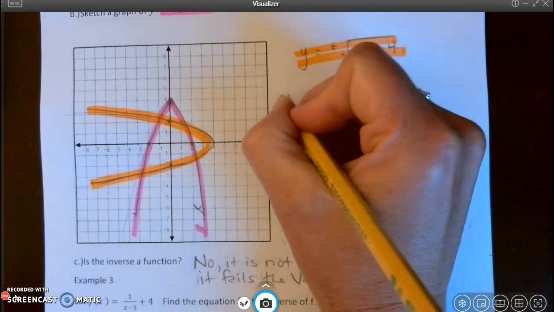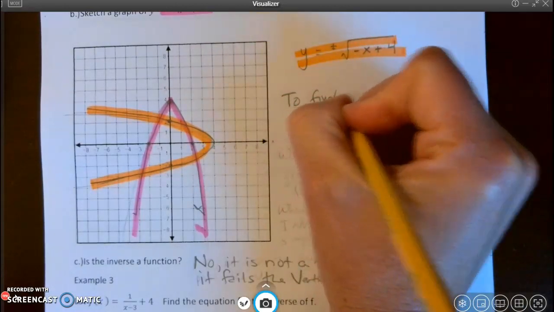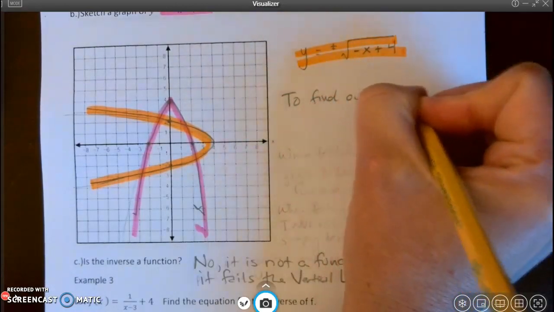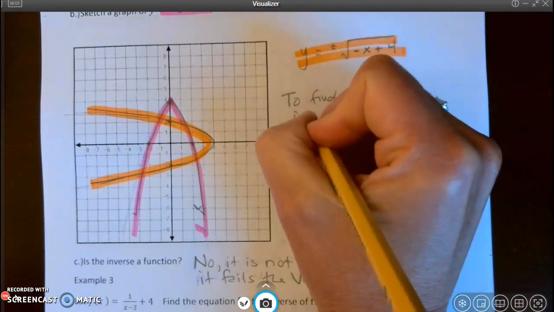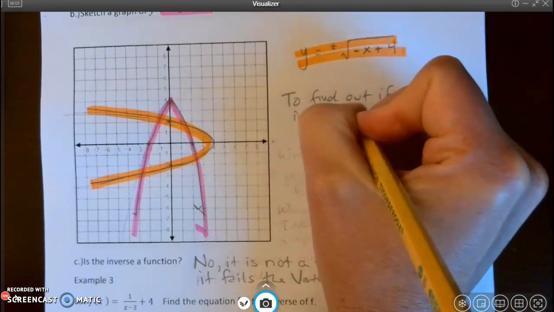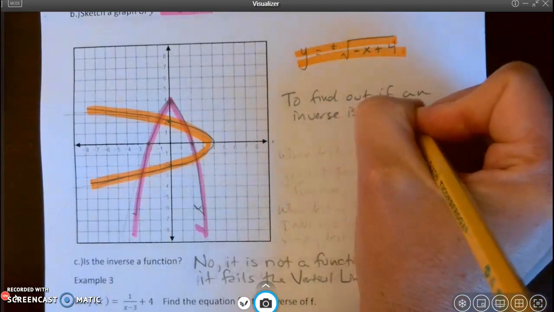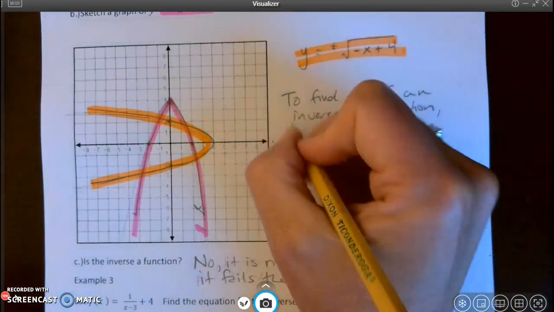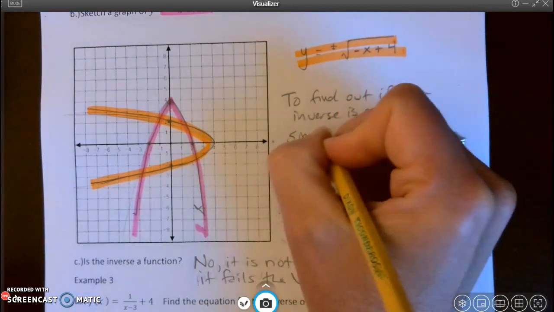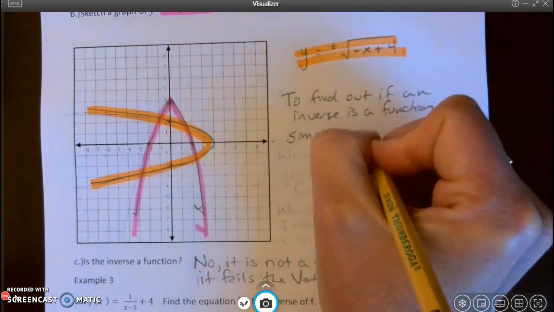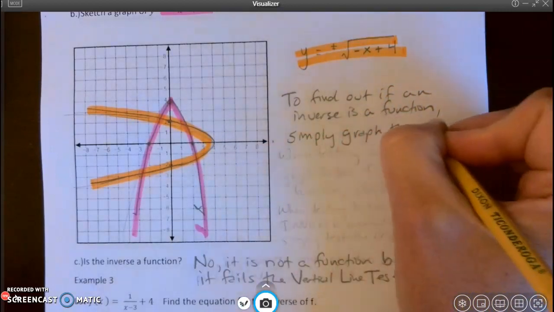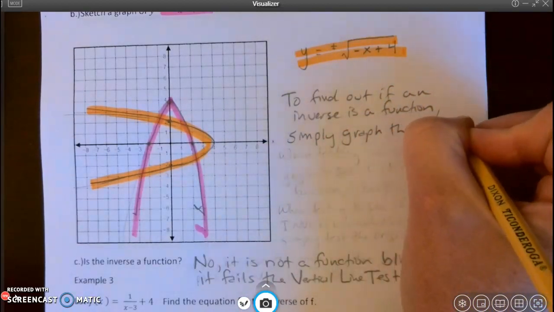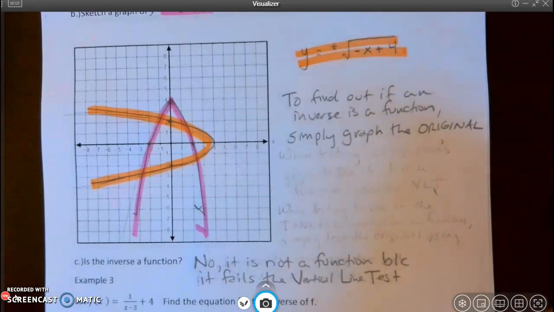So to find out if an inverse is a function, simply graph the original, which is the pink graph.